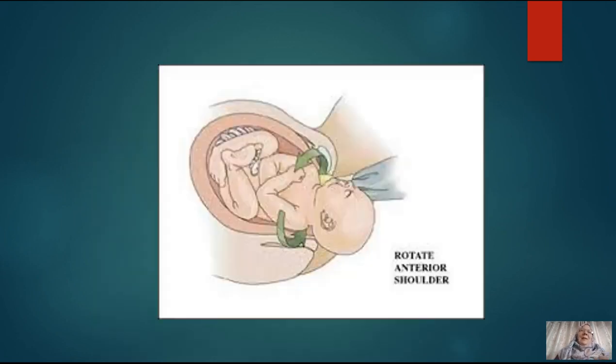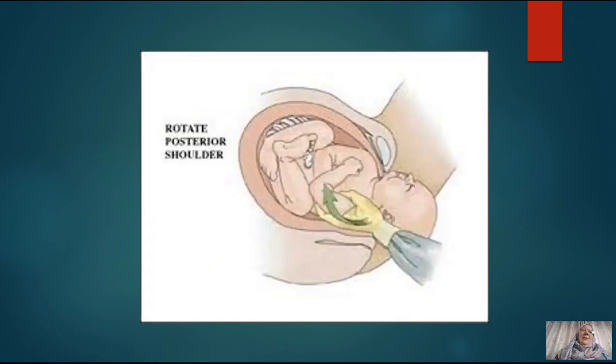If this is not successful enough, you can use your second hand and press against the anterior aspect of the posterior shoulder, and then with both hands try and move this baby and turn it round so that the anterior shoulder gets dislodged.